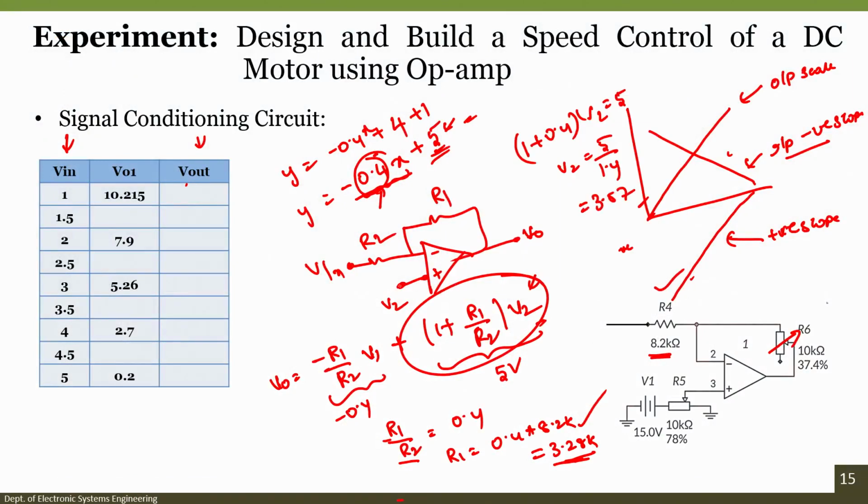If I can provide 3.57 volts at the V2 point, we can get the output voltage V naught. That means when the input is 1 volt, we also get an output of 1 volt, provided the input is connected to the motor at the set point, at the encoder to the motor. But getting 3.57 exactly will be very difficult, and these are the ideal values.